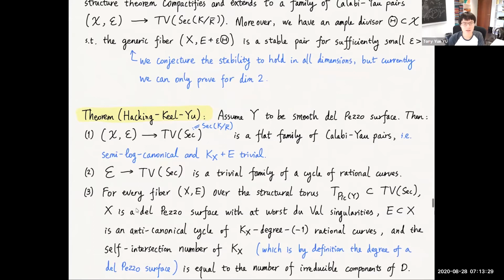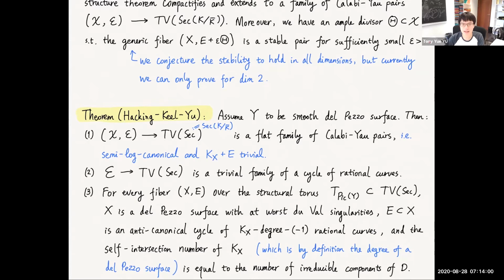And third, for every fiber X_e over the structure torus, the torus with cocharacter lattice the Picard lattice, inside the toric variety associated to the secondary fan, X is a Del Pezzo surface with at worst du Val singularities. And E inside X is an anticanonical cycle of negative one curves.